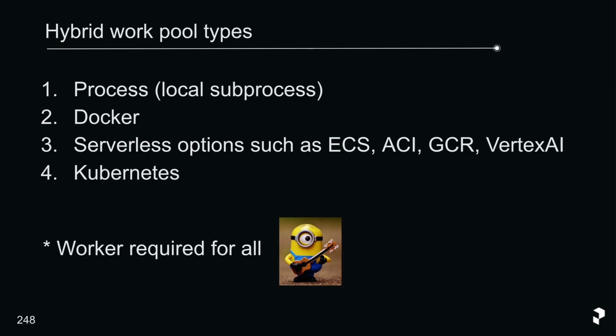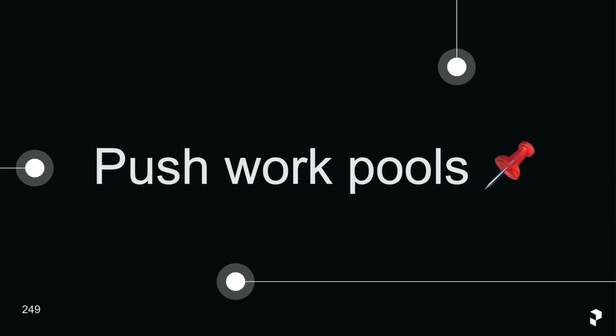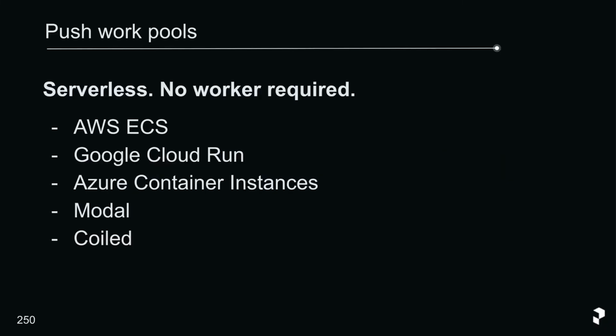For all of these hybrid work pool types, you will require a worker in your infrastructure polling the work pool for upcoming scheduled work. Now, moving away from the worker work pool hybrid model, let's talk about push work pools.